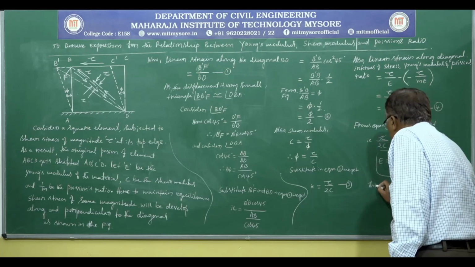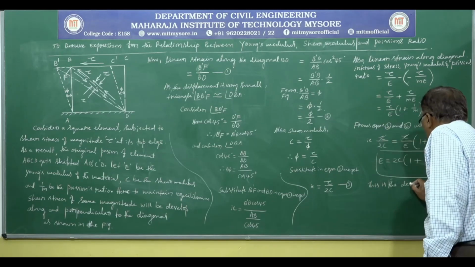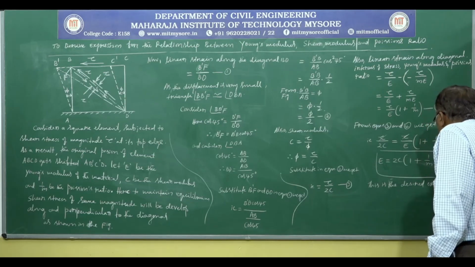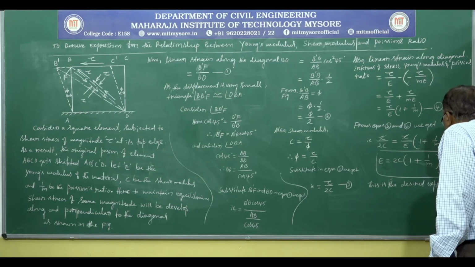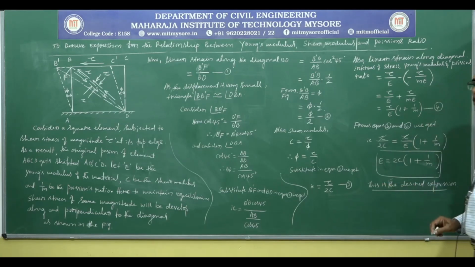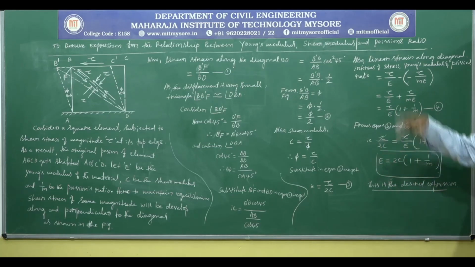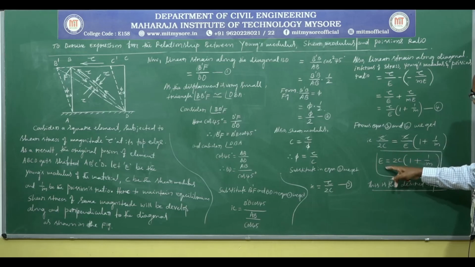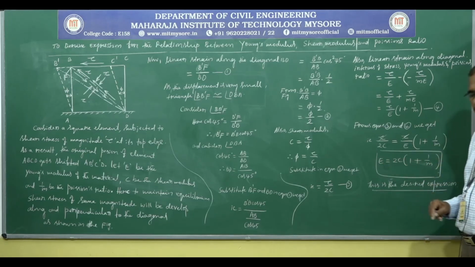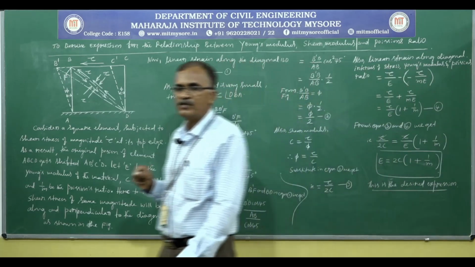This is the desired expression to show the relationship between Young's modulus, shear modulus and Poisson's ratio. E is equal to 2C into 1 plus 1 over m, or E is equal to 2C into 1 plus mu, if you denote the Poisson's ratio as mu.